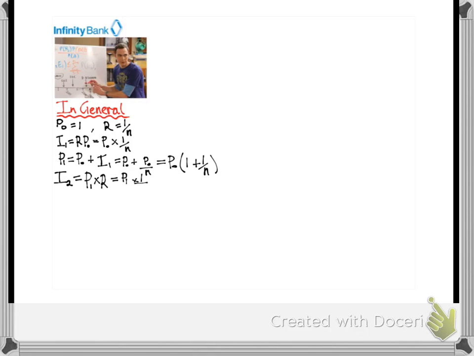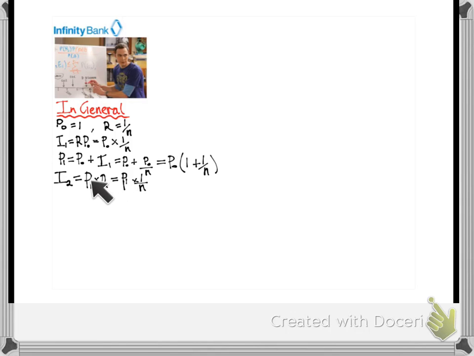Alright, so in general, this time we're going to say we have a loan of just say $1, just to keep it simple. And the rate is 1 over n. So as n gets larger and larger, the rate goes smaller. But it's been calculated n times.